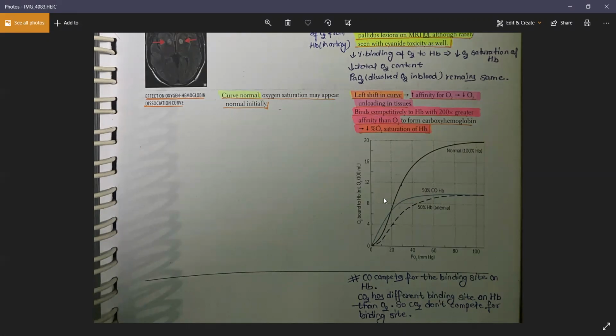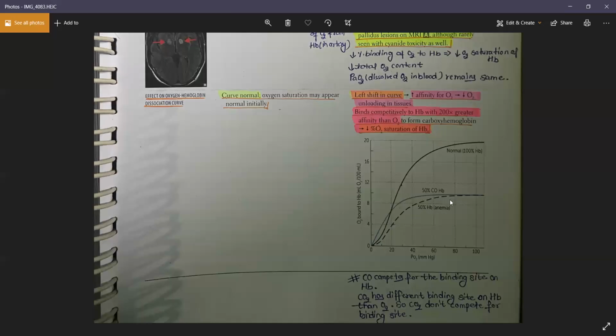Now, if you look at the anemia case, I told you in case of anemia, the hemoglobin concentration is decreasing, but the affinity of the hemoglobin for the oxygen remains the same. So let's say there is an anemic patient and he's having a loss of 50% of the hemoglobin, so he will be having a normal affinity, right? So a normal affinity at 50% saturation would look like this curve, right?